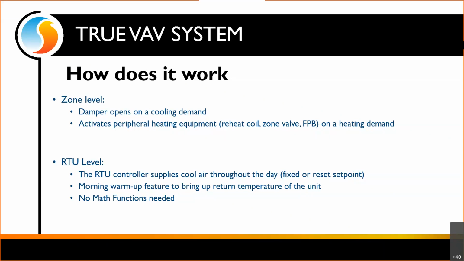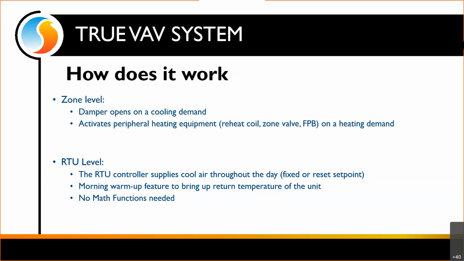And so the idea is that the rooftop is going to go into heating mode until we're able to bring up the return temperature of the unit. And as we can see at the bottom, no math functions are needed for a true VAV system, so we don't have to worry about the 5 functions which we looked at before.